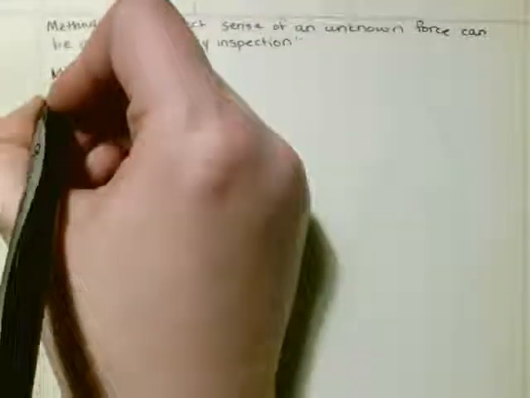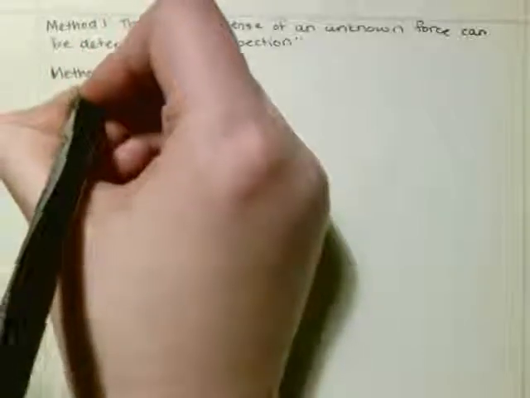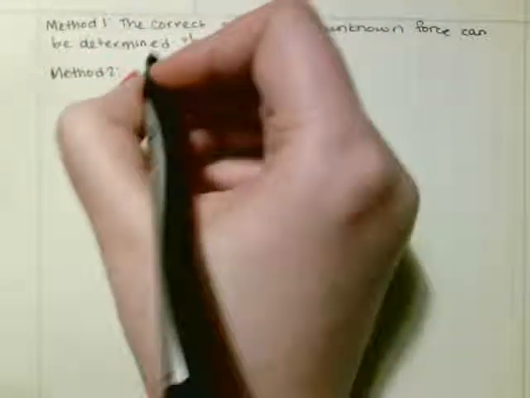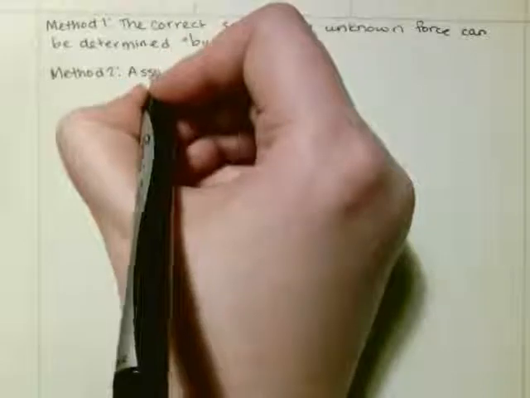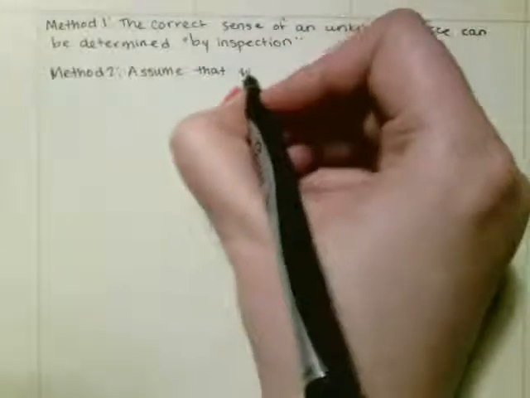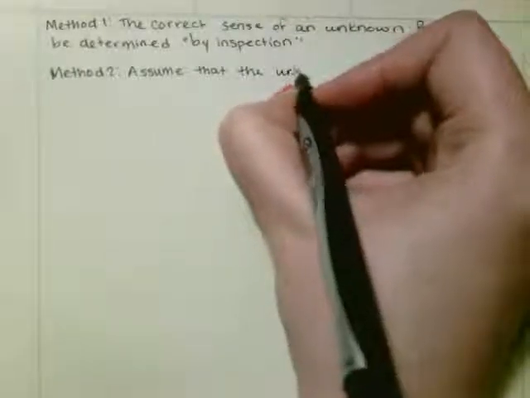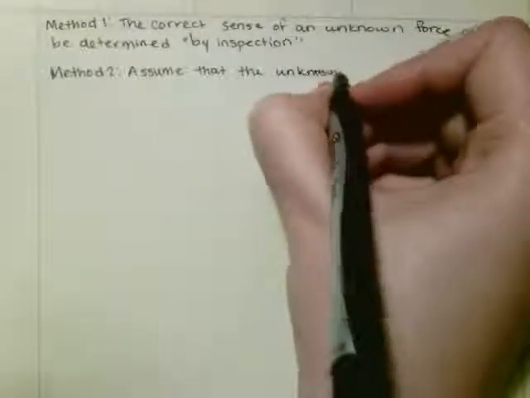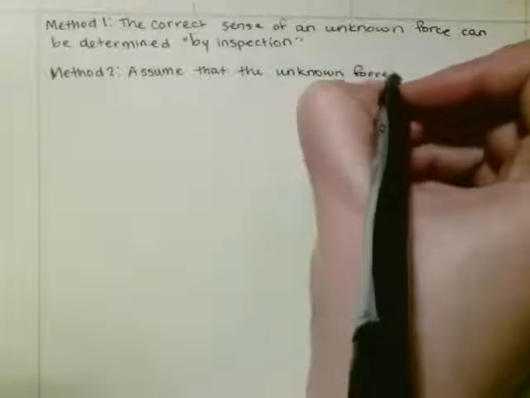And then method 2, this is the same as it was for the joint method: you assume that the unknown forces at the cut are in tension.